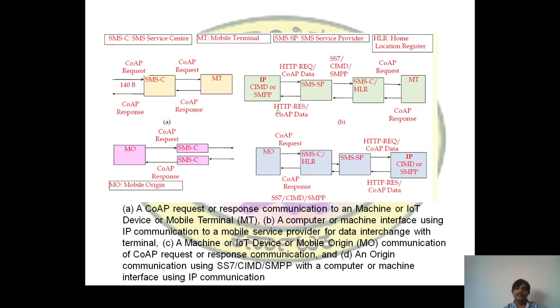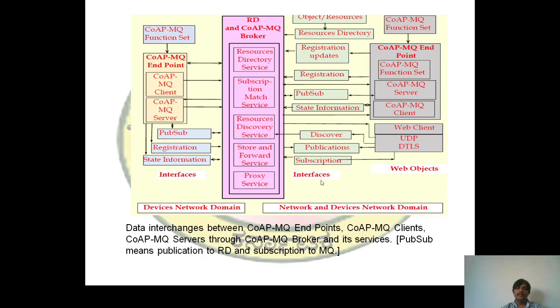And the second figure, a computer or machine interface using IP communication to a mobile service provider for interchange with the terminal. And the third figure, a machine or IoT device or mobile origin communication of COAP request or response communication. And the fourth one is an origin communication using SS7 and with a computer or machine interface using IP communication.